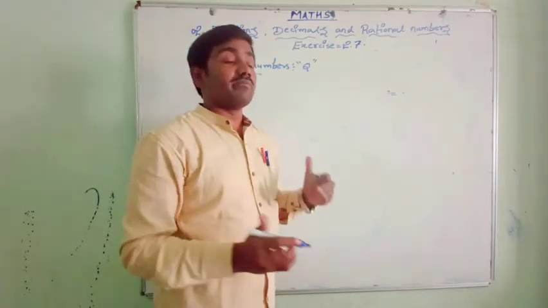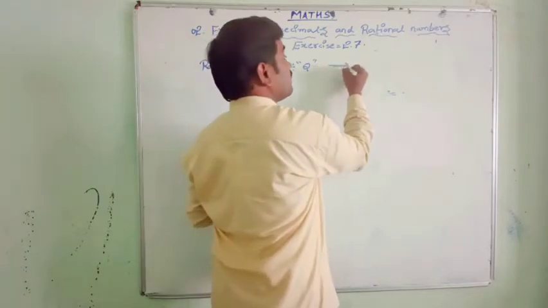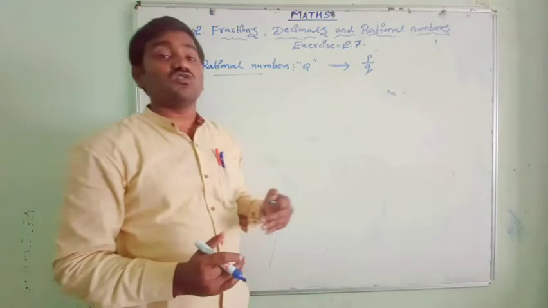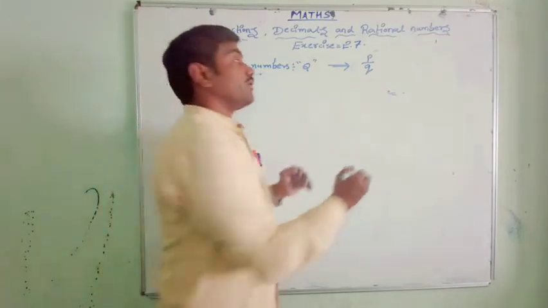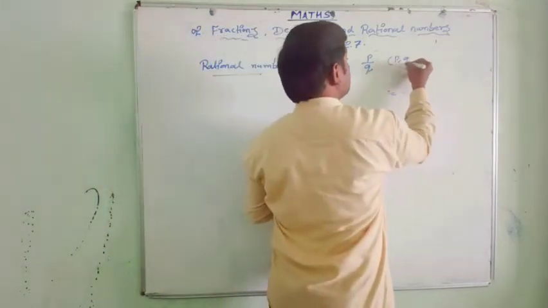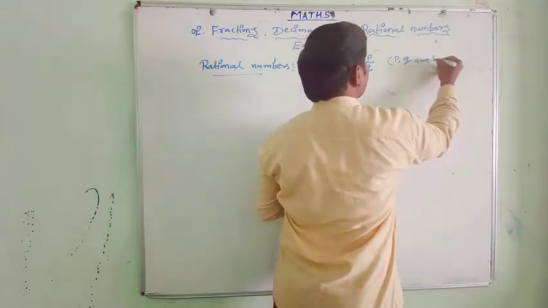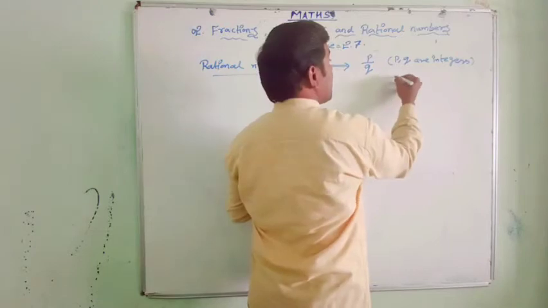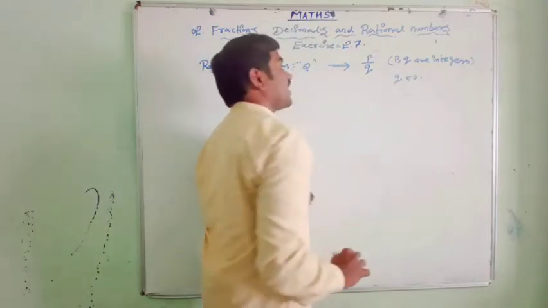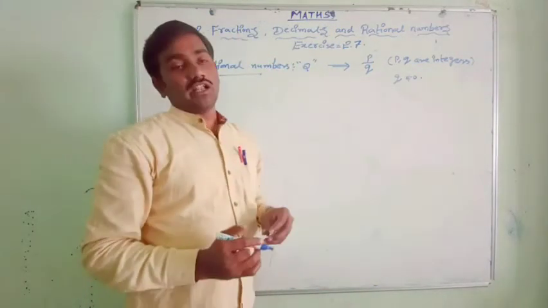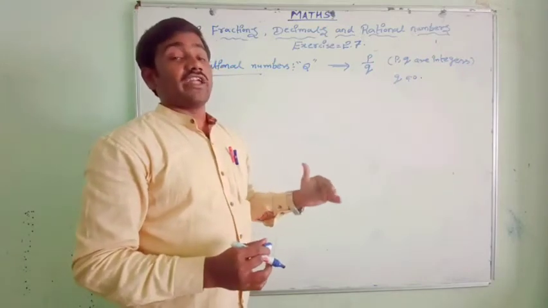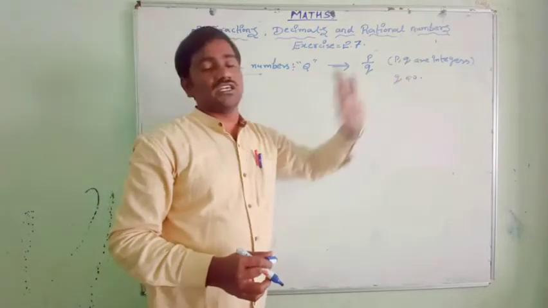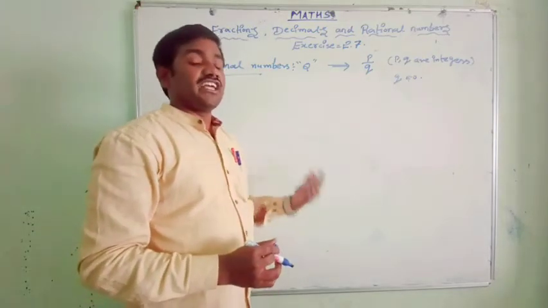The numbers which we are able to write in the fractional form p by q, where p comma q are integers and q is not equal to 0, such kinds of numbers are called rational numbers.